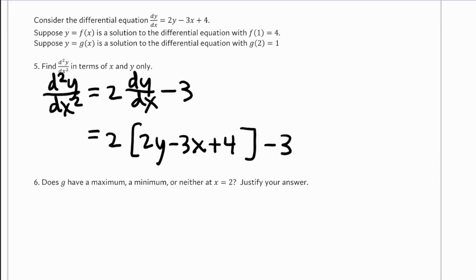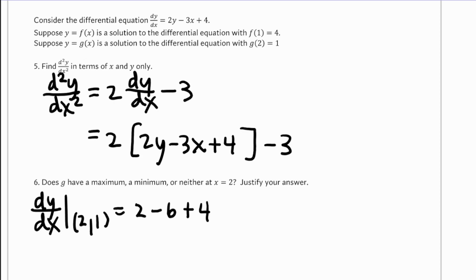They're going to ask if g has a maximum, a minimum, or neither at x equals 2. So we're going to use the point 2 and 1 because they told us g of 2 equals 1. And we're going to check dy dx. dy dx is 2y minus 3x plus 4, and that's going to be equal to 0.